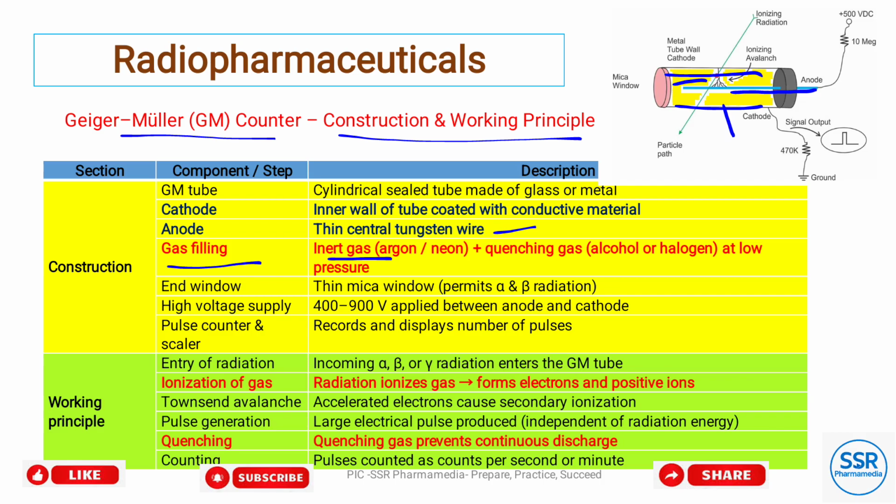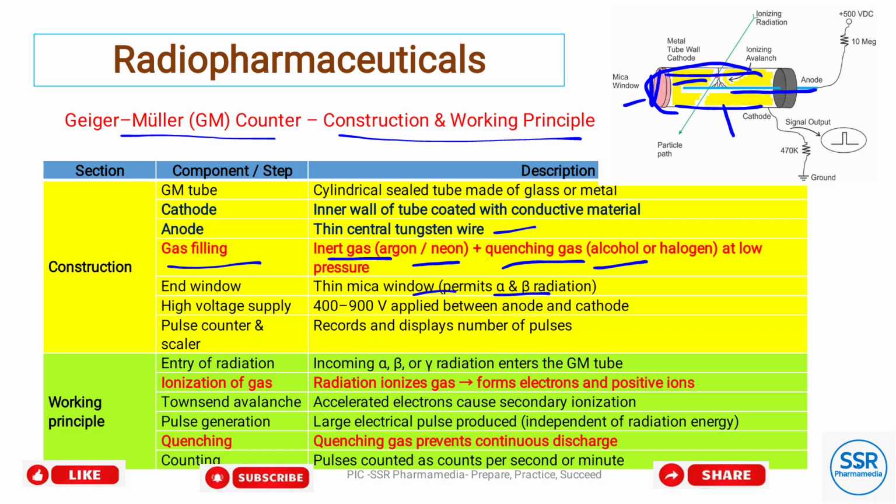Inside, the tube is filled with an inert gas like neon or argon, along with a quenching gas like alcohol or halogen at low pressure. The end window is made of mica, also called the mica window.